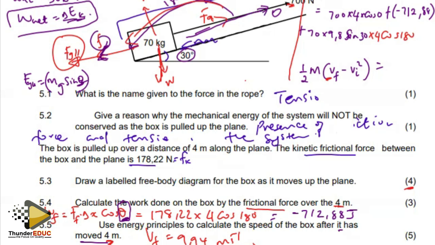I'm getting 715.12. I'm going to divide it by, we said, 35. This is going to give us 20.432. So VF squared is 20.432, because remember, this is a 70, then simplify. So the square root of that, I'm getting 4.52.